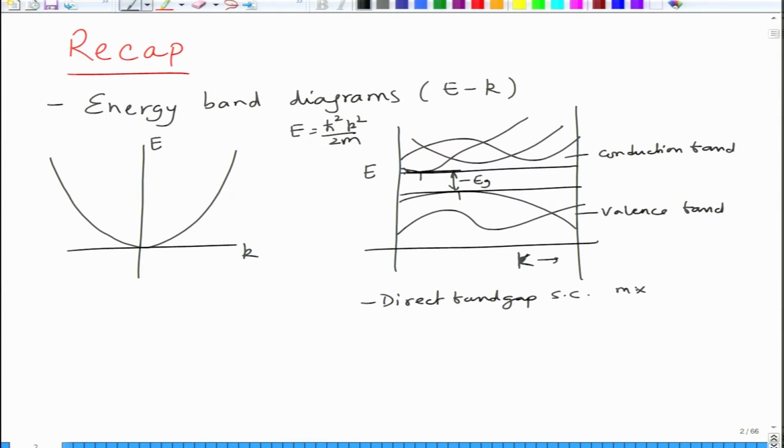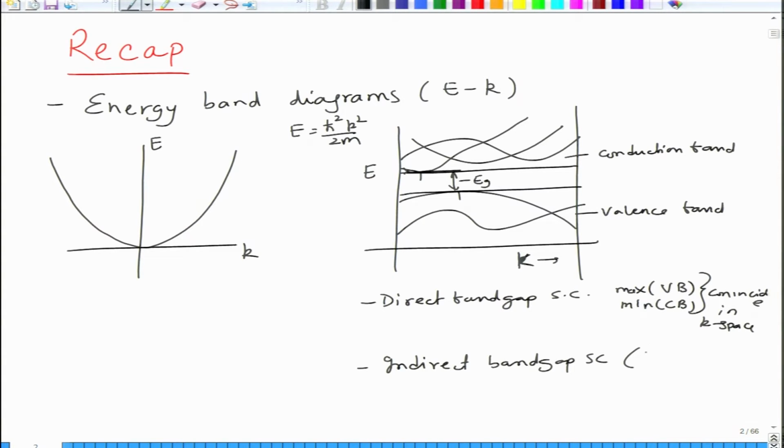If they don't coincide, it is an indirect band gap semiconductor. Gallium arsenide is a direct band gap semiconductor, while silicon is an indirect band gap semiconductor.